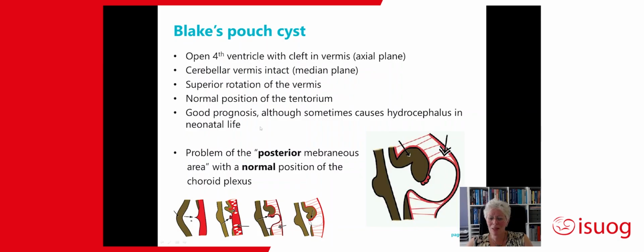And usually this has a good prognosis because we have a normal shape and size of the vermis. And like I said before, this is a problem of the posterior part of the membranous area, with a normal position of your choroid plexus over here.